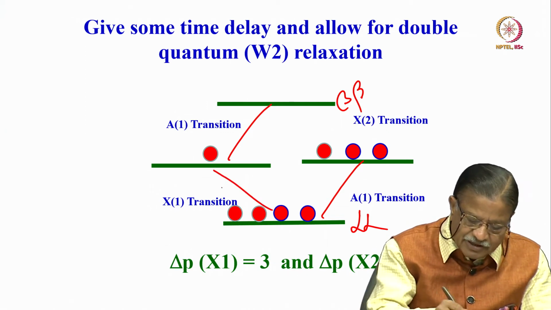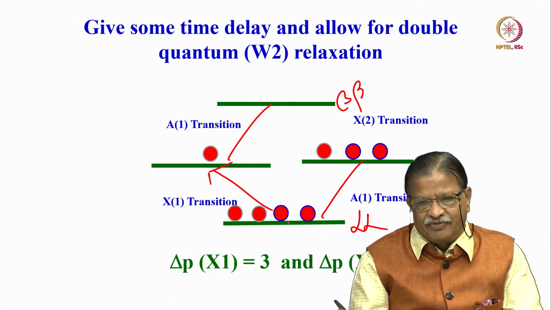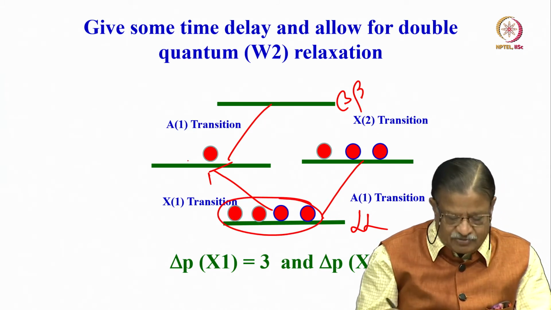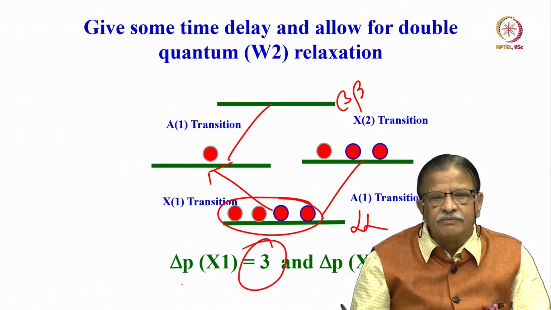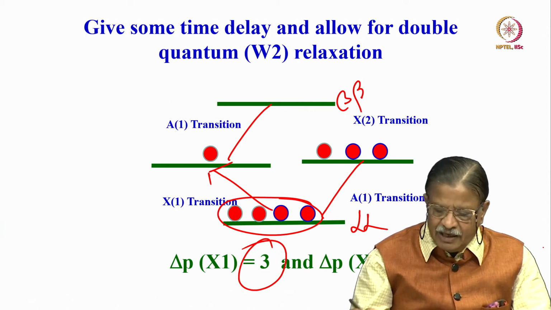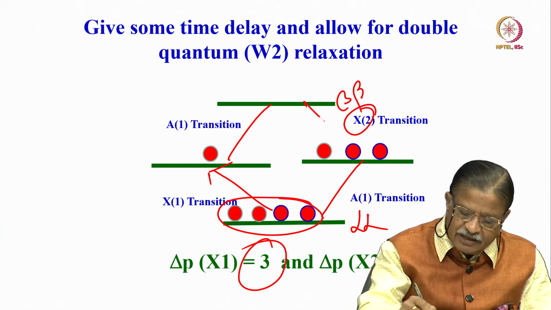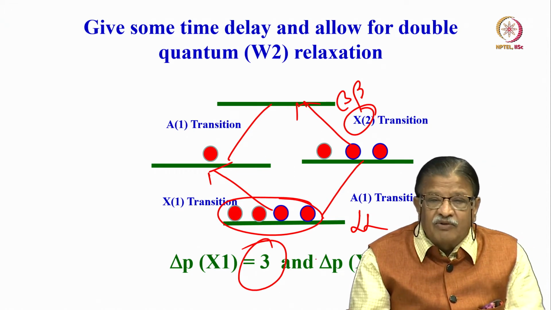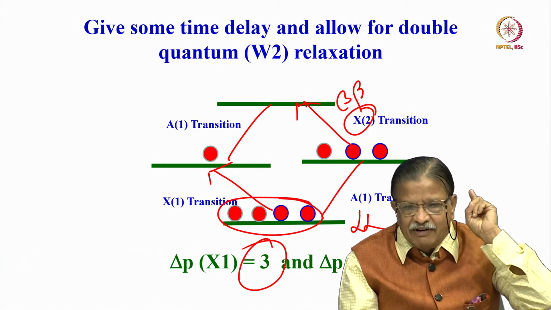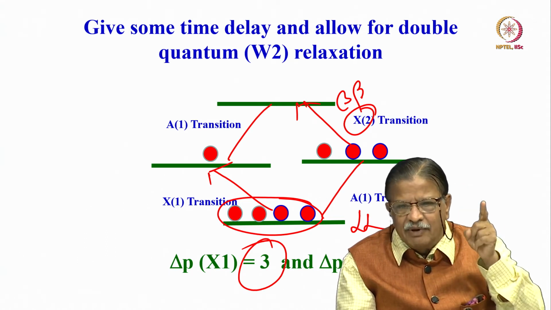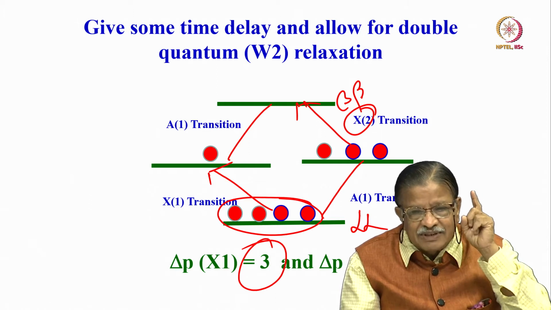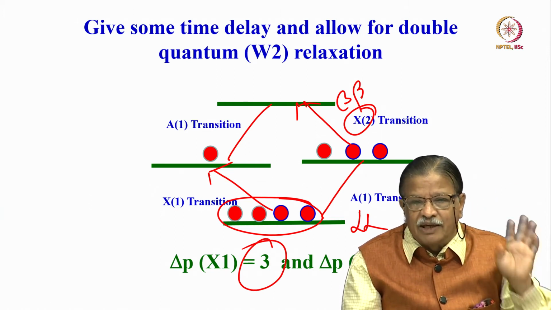Recalculate the populations of spin X now, population difference. This X1 transition is now 4 minus 1, it is 3. Similarly, X2 transition is 3 minus 0, that is also 3. What was our population difference when we started with equilibrium and after irradiating we saw population difference was continuing to be 2, 2, 2, 2 only, there was no change.